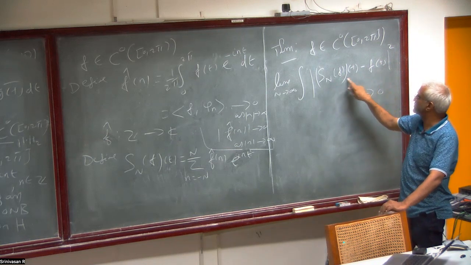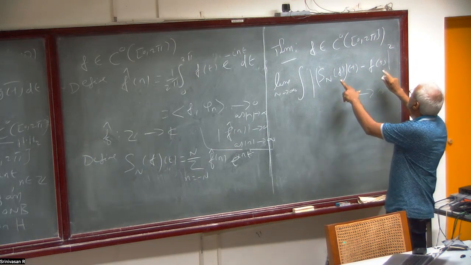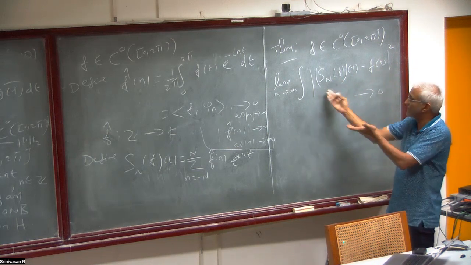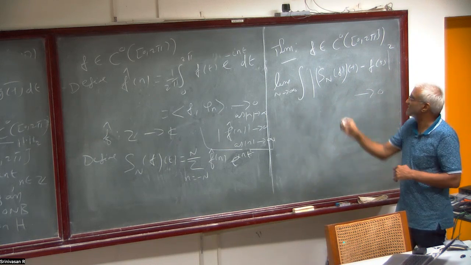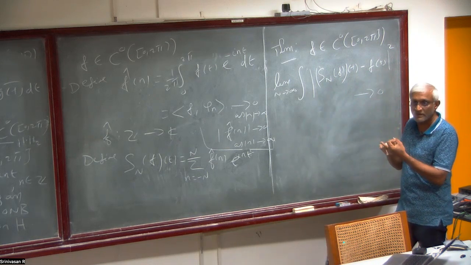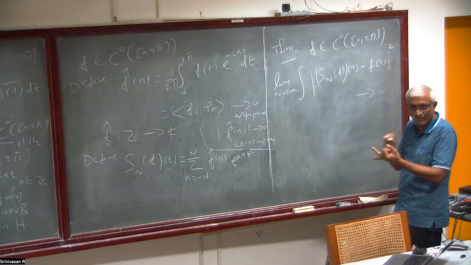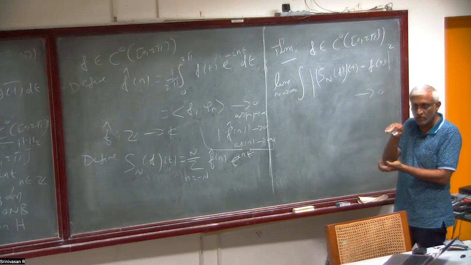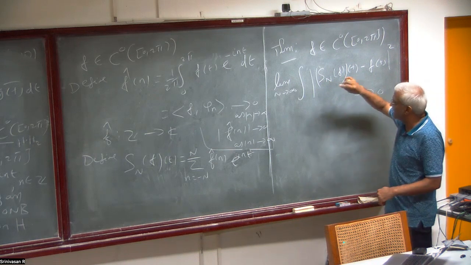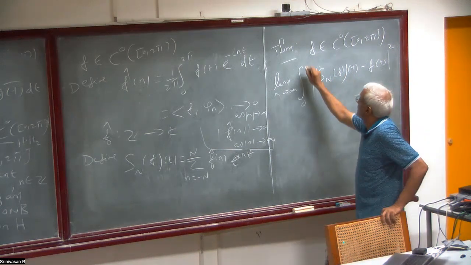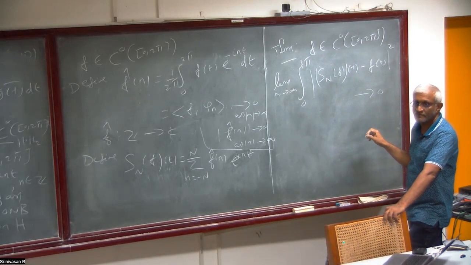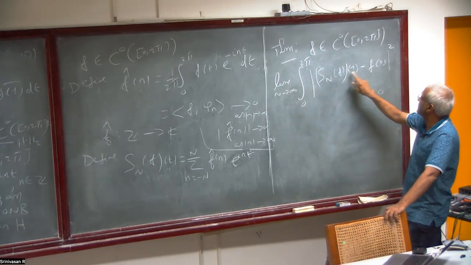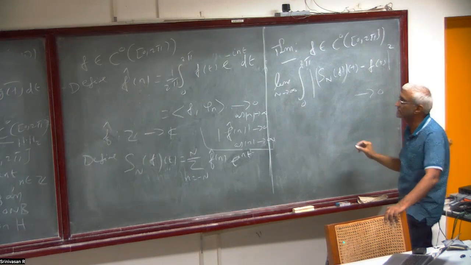Sn f need not converge pointwise. Of course, if Sn f converges to f uniformly, for example, then this will happen, since you can take the limit inside. So one question is whether Sn f converges to f uniformly. Another is whether Sn f converges to f pointwise at least. All these questions we are going to answer. But here, it at least converges in L2. This statement is always true. So this is the theorem.